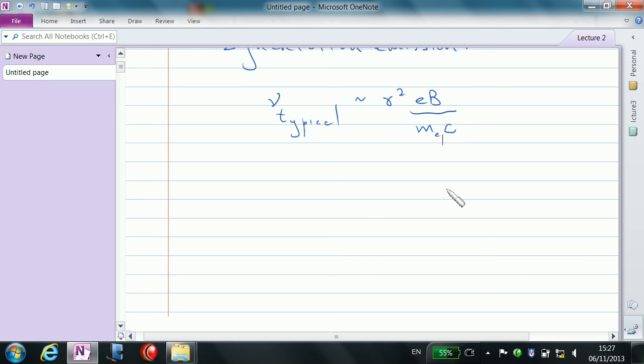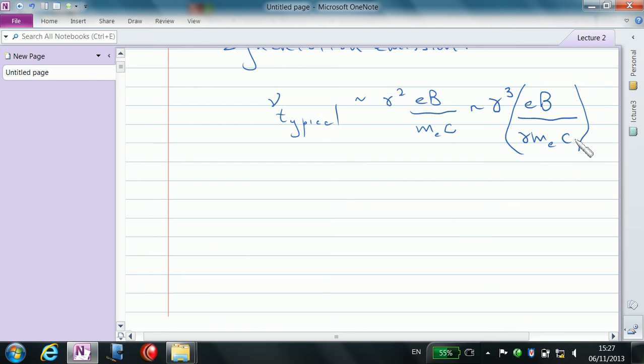Basically, it's really gamma cubed times eB over gamma m sub e c. This is the real frequency at which the electron gyrates.